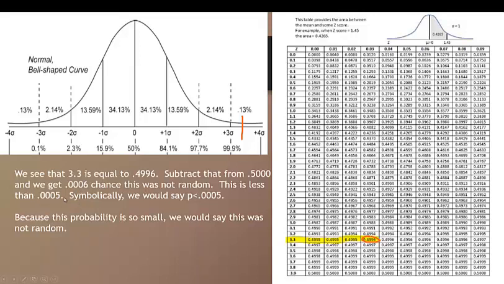And we're going to see that 0.005 is going to become one of the main establishment points for testing whether something is significant or not. Symbolically, we would say P is less than 0.005. Because this probability is so small, we would say this is not random.